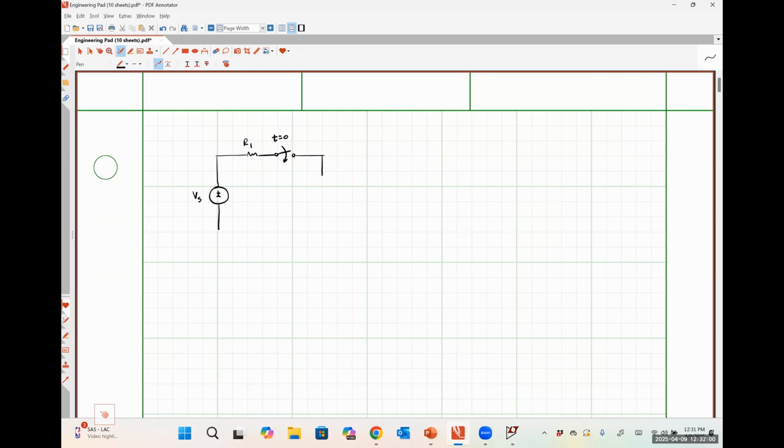And then here in this branch, I'm going to have some resistance R2 in series with some capacitance C1. And then over here to the right, I'm just going to have some capacitance C2 like so. So if my memory serves me correctly, this is a pretty darn similar circuit, except that one of those capacitors was replaced by an inductor or something like that.